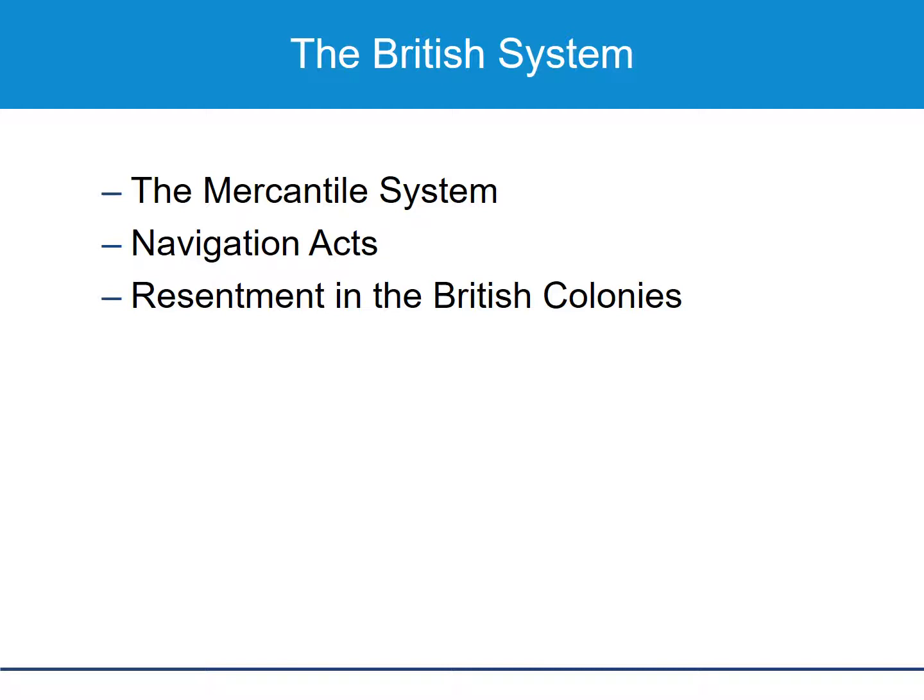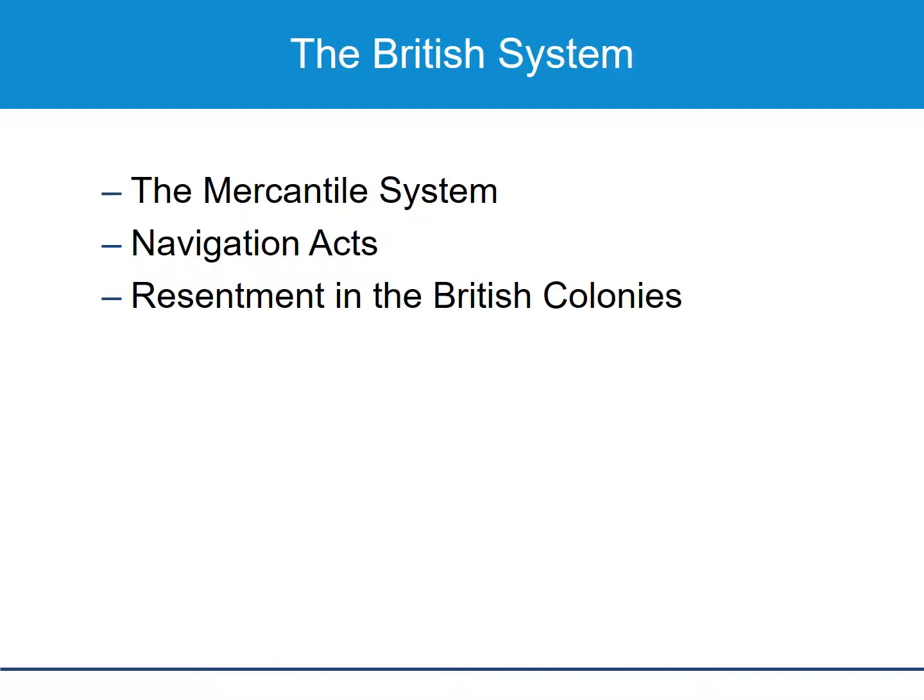And what the British wanted to ensure was that they received all of these goods. And so things like tobacco, later cotton, sugar, any of those types of items that had a large market in Europe, the American colonies could only sell to Great Britain. They could not sell it to other colonies. They could not sell it to the French or the Spanish. They could only sell it to Great Britain.